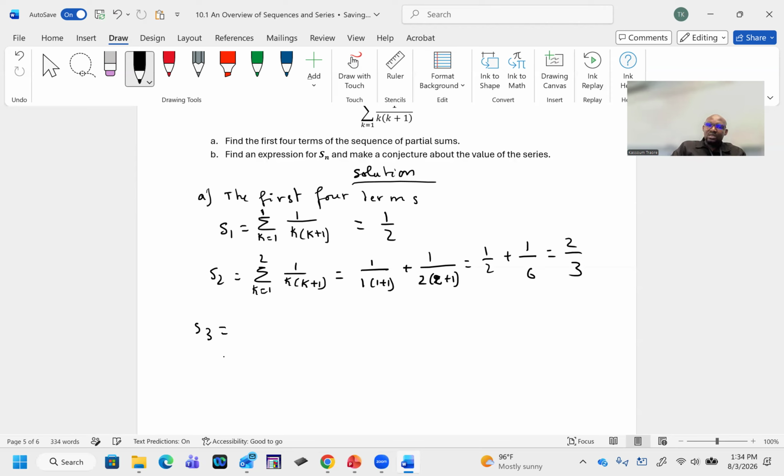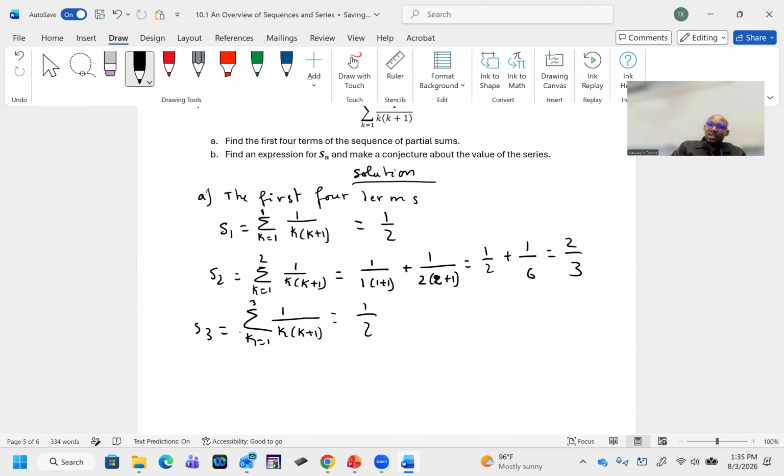S3, which would be, so again, from now on, we already know S1, S2, right? So we know that k is 1, 2, 3 in 1 divided by k times k plus 1. So we substitute 1 for k, that will give us 1/2.